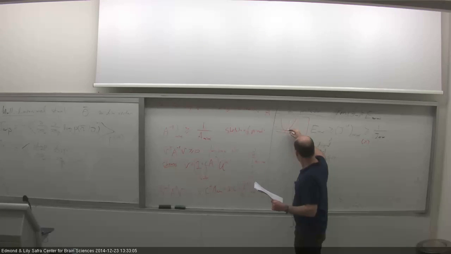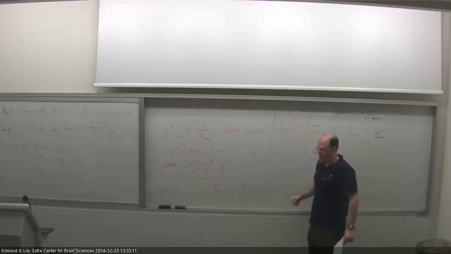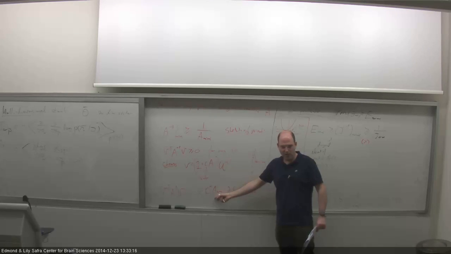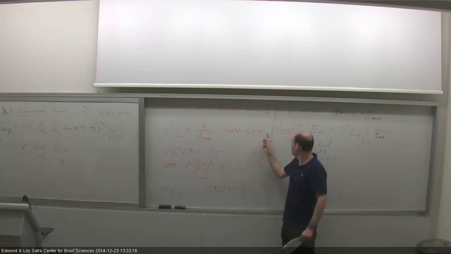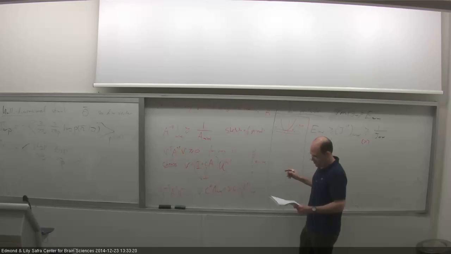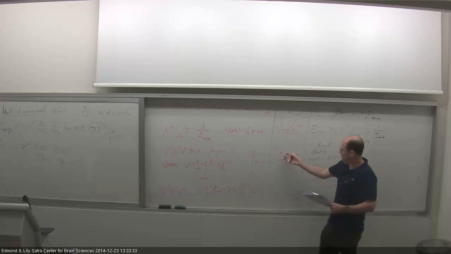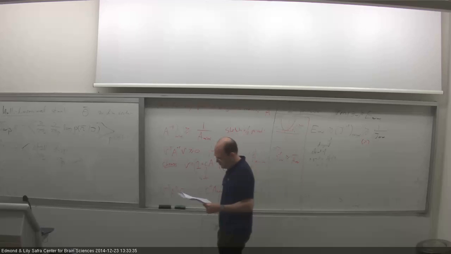So this value must be larger than 0. And if you write down the expression for the minimum of this function, then plug in to see the value of this function at its minimum, you will conclude that A minus 1 alpha alpha is at least as large as 1 over A alpha alpha. These are basically the numbers that appear here. It turns out that that's the result that you get.